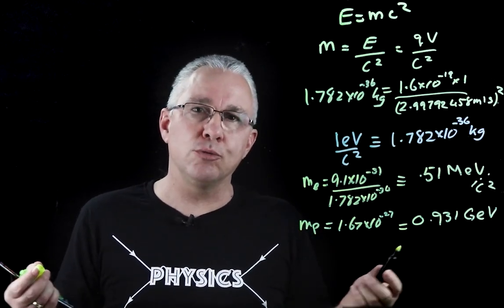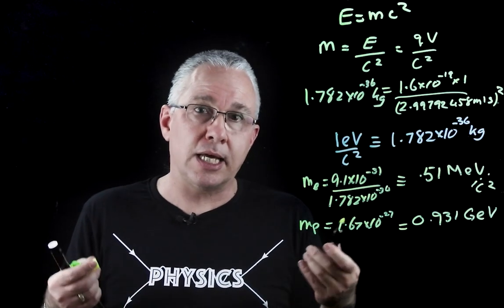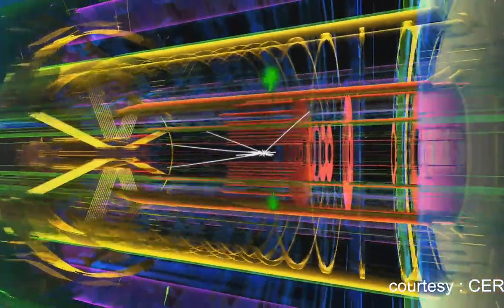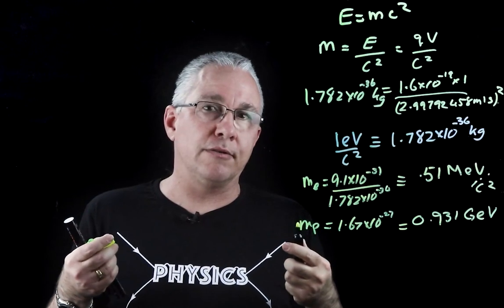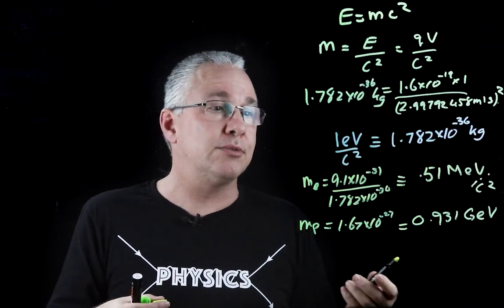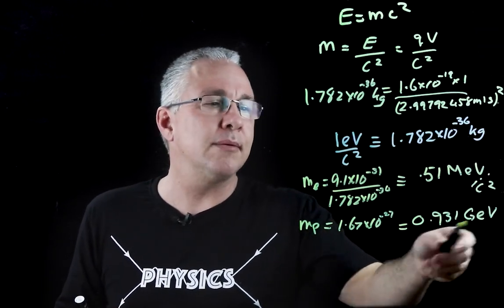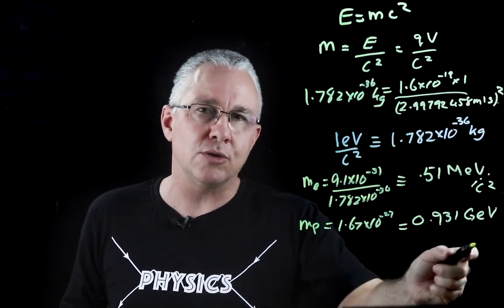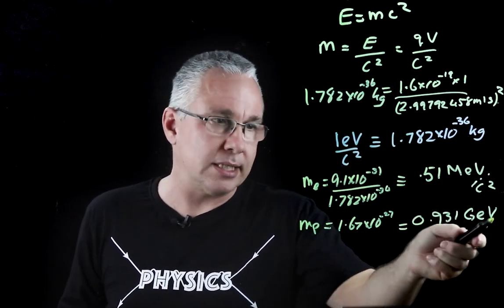Well, let's say I have two particles colliding, such as at the CERN Large Hadron Collider. We have protons colliding and they create a whole spray of particles. Well, if you want to know how much energy that converts into in terms of E equals mc squared, this number becomes very useful. So let's say this is the value here. Now remember, the energy is already that value without the c squared.